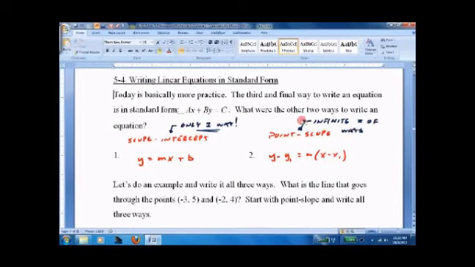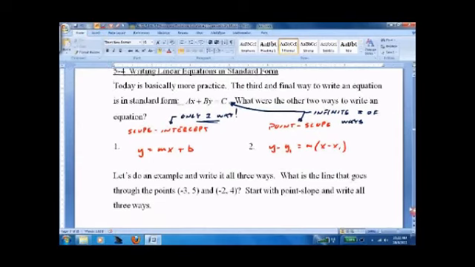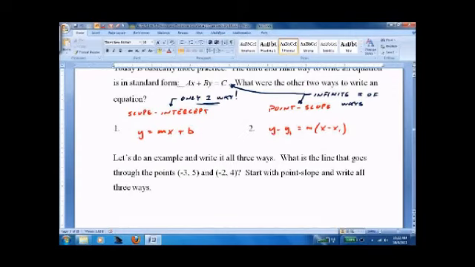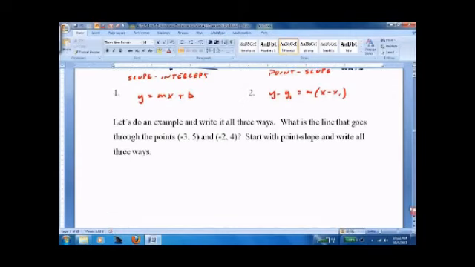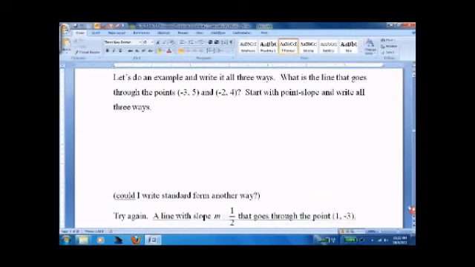There will also be an infinite number of ways to do standard form. And standard form has very few advantages, but it is a bit of a lead-in to conics, which we'll get to in Algebra 2. You'll touch on it a little bit in geometry. We'll definitely get into it in great detail in pre-calculus. So let's just jump right in.